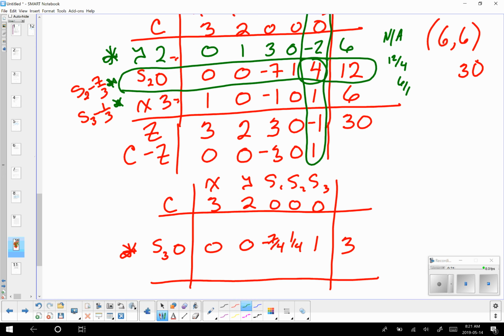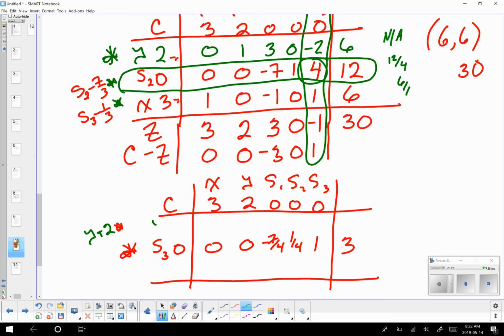So I'm looking for zeros on both sides of these. So that means this time I'm multiplying by 2. So y plus 2 times the special value.